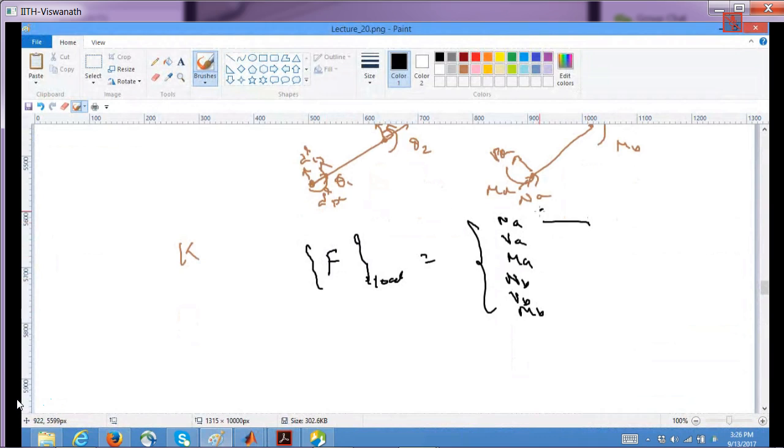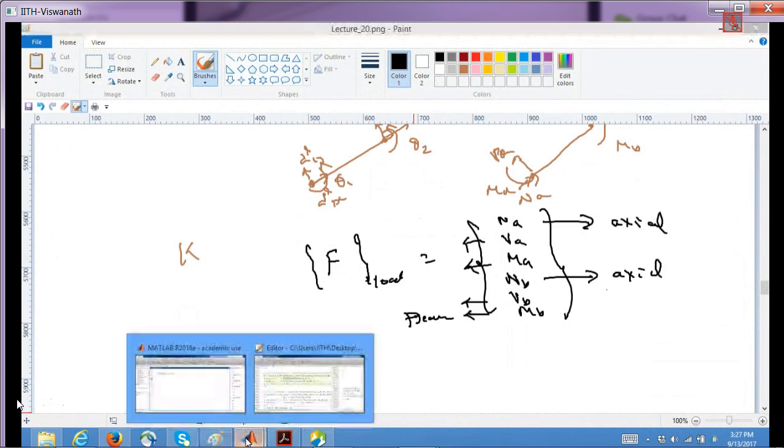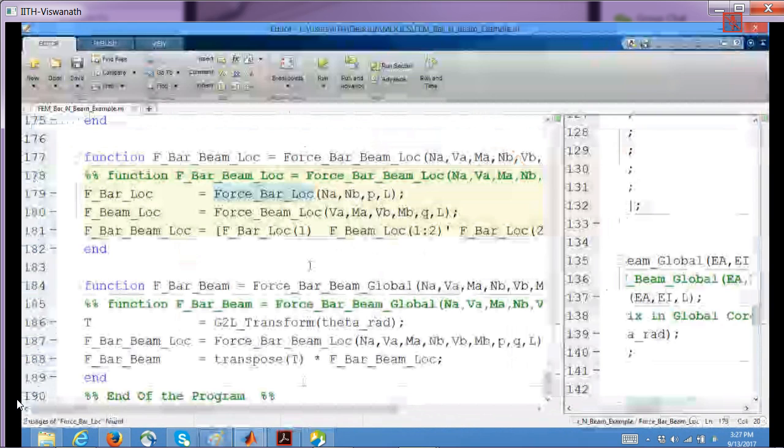These two are axial degrees of freedom, coming from the bar. So these two entries I bring from the bar, and I get NA and NB.